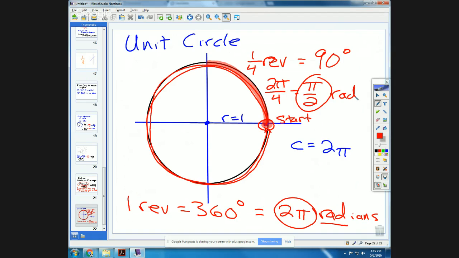Like, didn't once upon a time you have to get used to that 90 degrees made a right angle? Why 90? Well, because it's a quarter of a rotation and 360 degrees is a rotation.